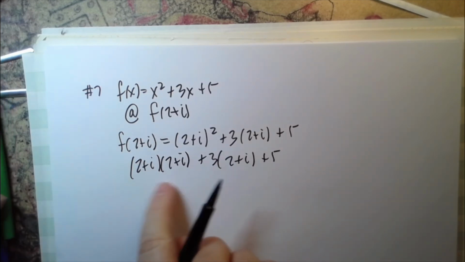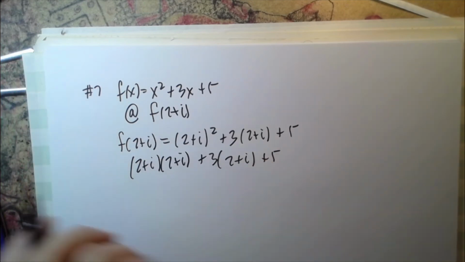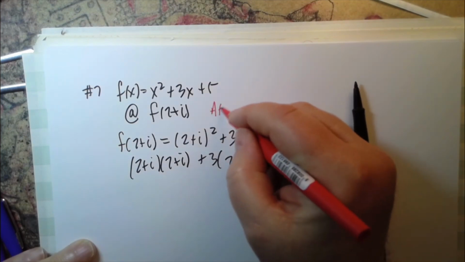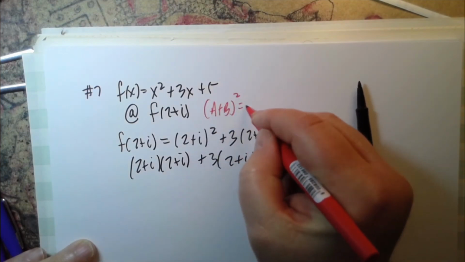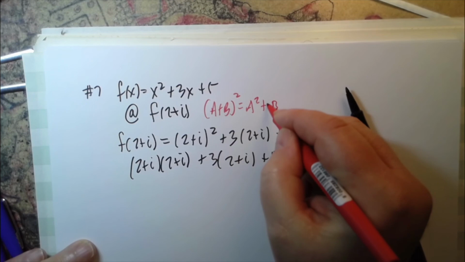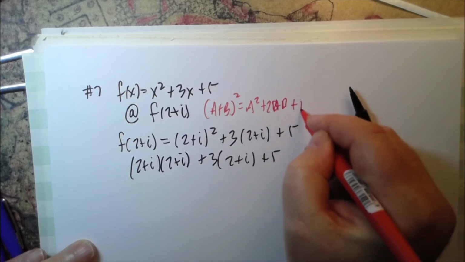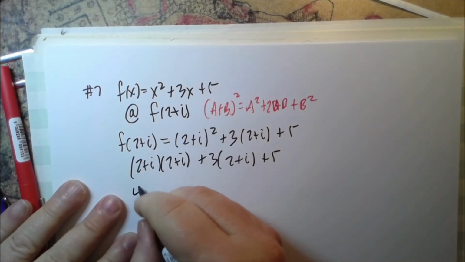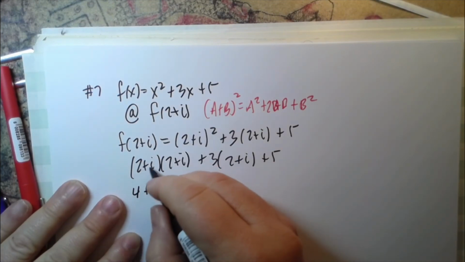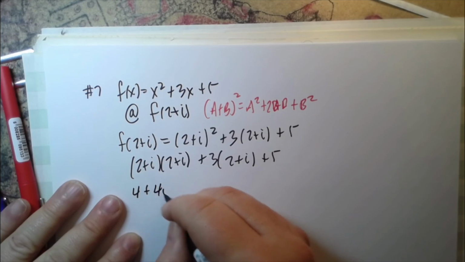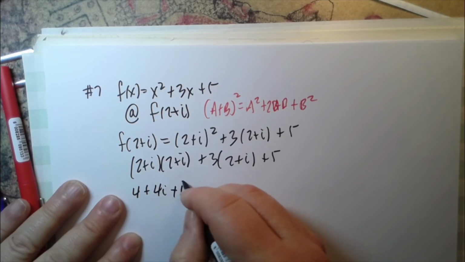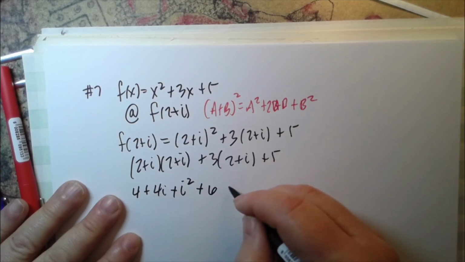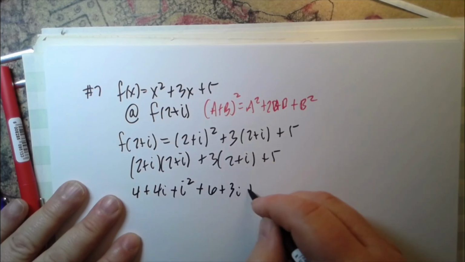Now, we could just do the FOIL thing, but we do know from the past that a plus b squared is equal to a squared plus 2ab plus b squared, like this. So what that means is that I can just take this as 4 plus 2 times 2i, so that'd be 4i plus i squared, plus distribute 6 plus 3i plus 5.